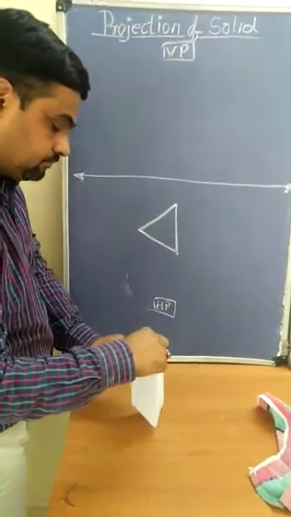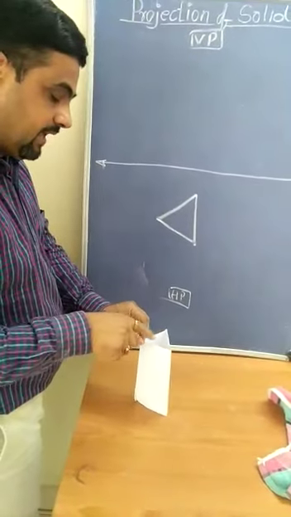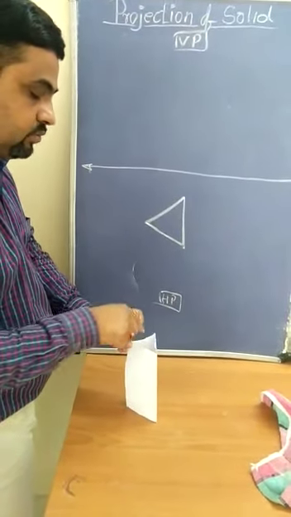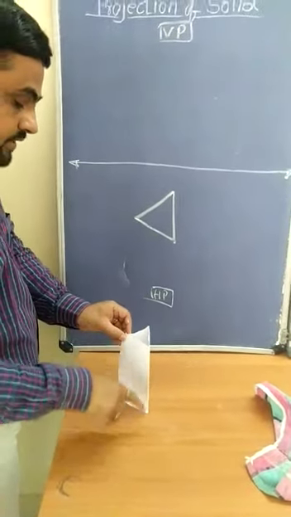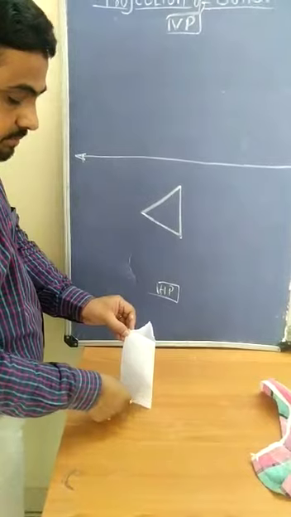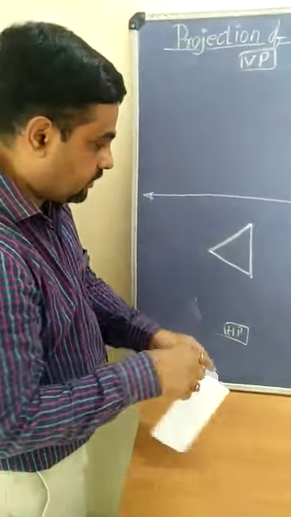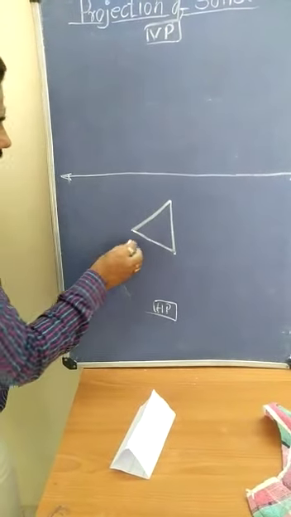Now from the top view, how many corners can you see? You can directly see 3 corners, that is A, B, C, or either you can say 1, 2, 3. Also the 3 lower base corners coincide with the 3 upper base corners. That means there are 6 corners, so you have to give 6 notations over here.